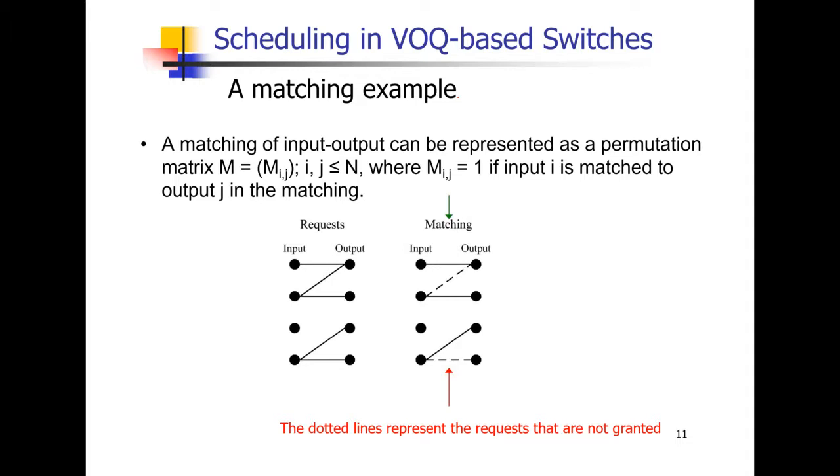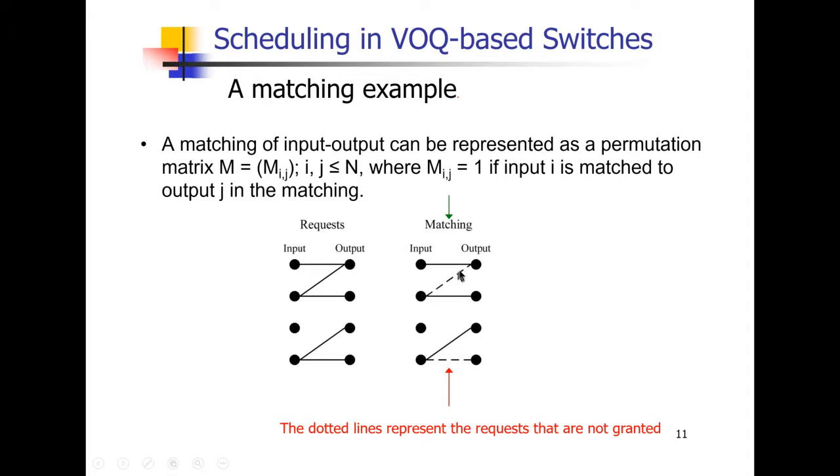This is a possible matching, which is feasible because you can see that the degree of the nodes is at most 1. For example, we have arbitrarily chosen this cell that is located here to go to the desired output, while this other cell, which is located at the second node, will stay in the buffer.